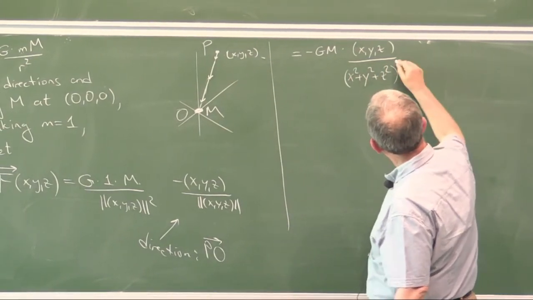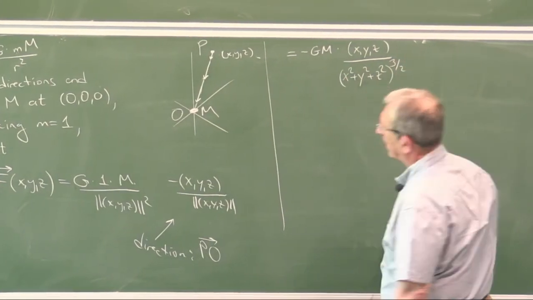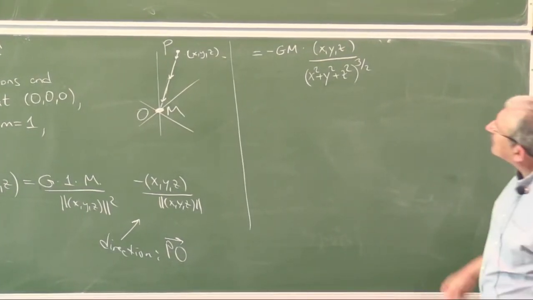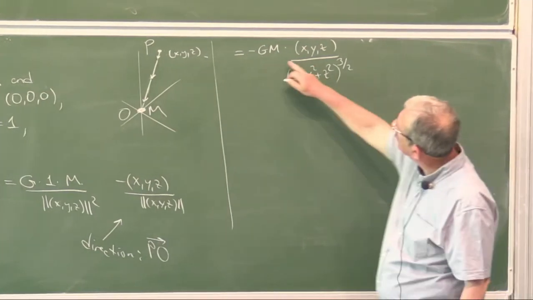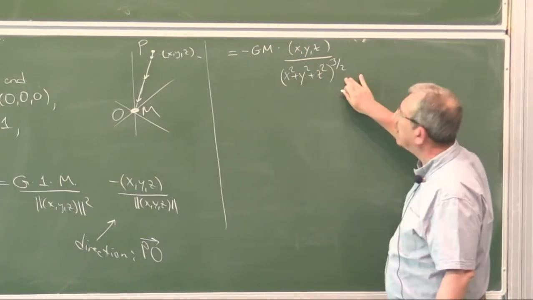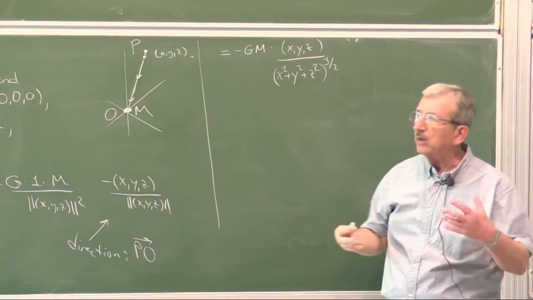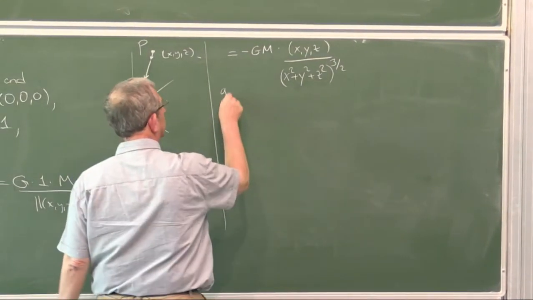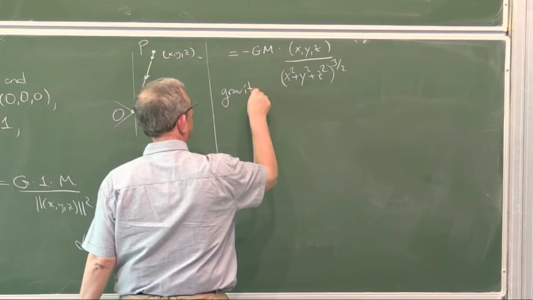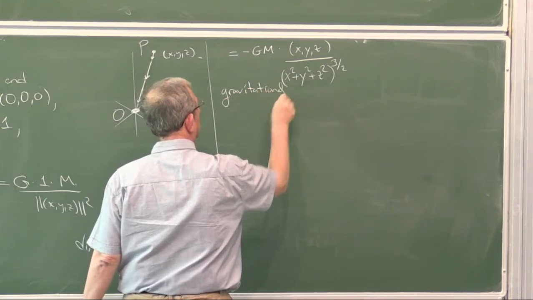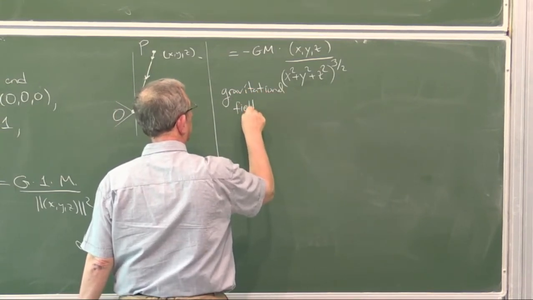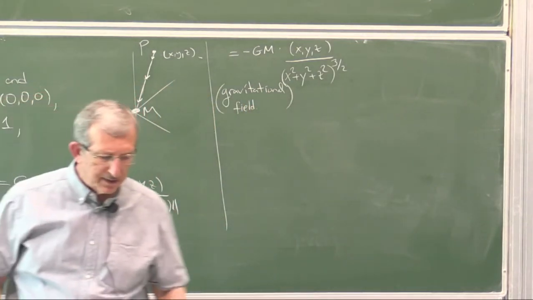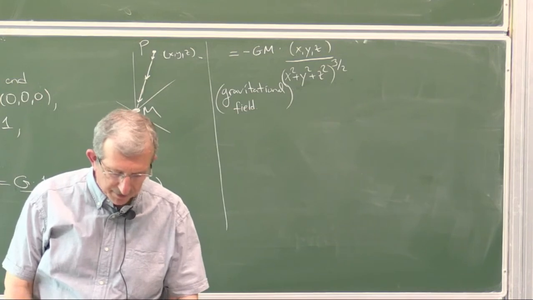Taking the cube, we end up with this function. Now this is of course a vector valued function. The first component is minus GMx divided by this, and so on, and so on. So this is the so-called gravitational field due to a point mass, capital M there.